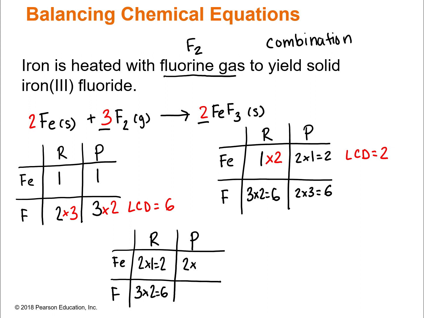We've got 2 iron 3 fluorides now. So that's 2 times 1 equals 2 for the iron, and 2 times 3 for the fluorine atoms. That's 6. Now we're balanced.